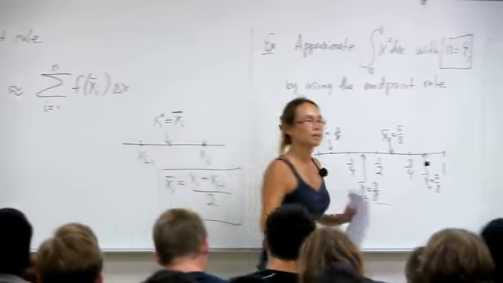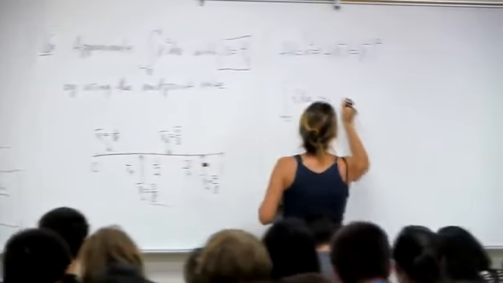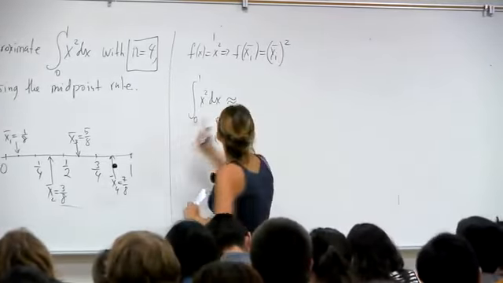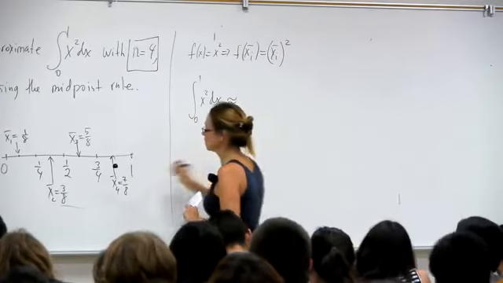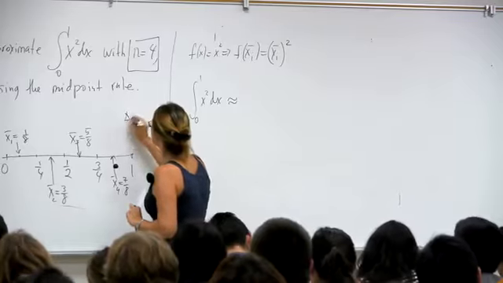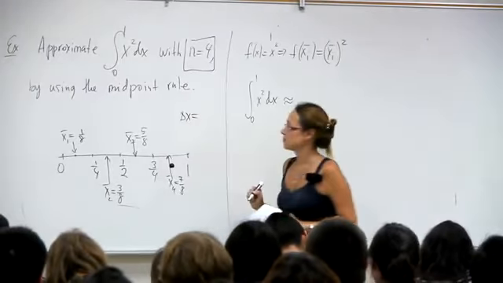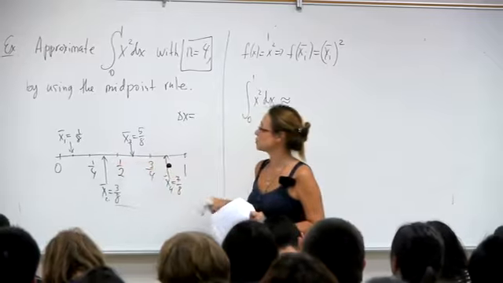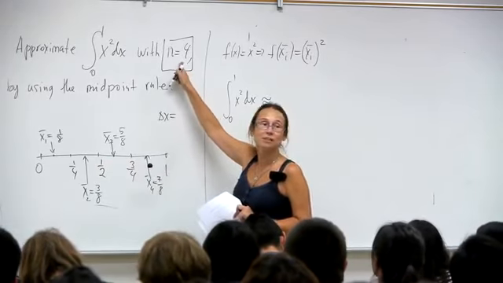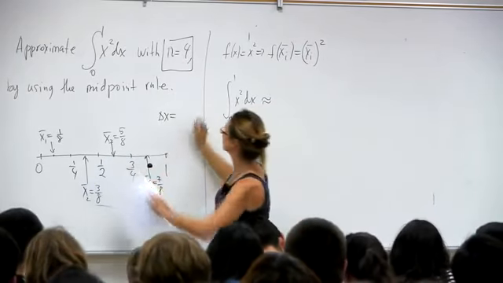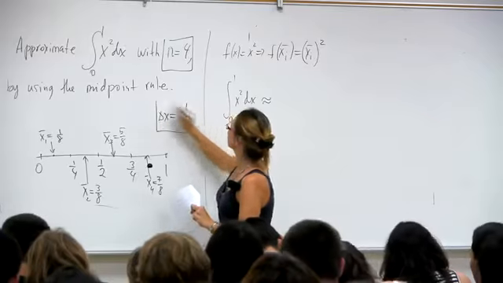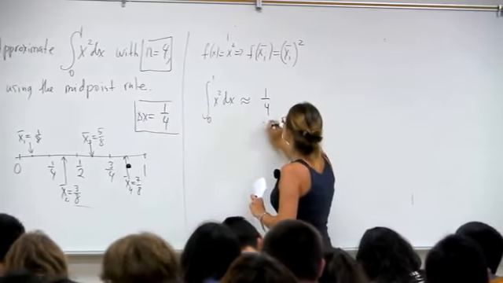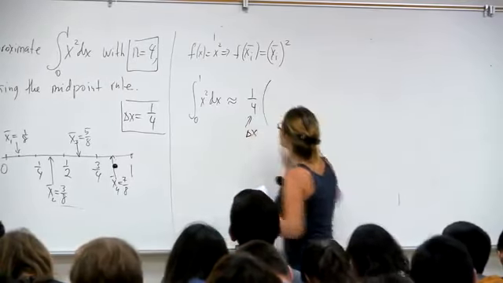So I'm going to take it out of the bracket. And I forgot to calculate delta x. So what's delta x here? What's the distance between my points in the partition? 1/4, right? N equals 4. The total interval is 1. So it's 1/4.